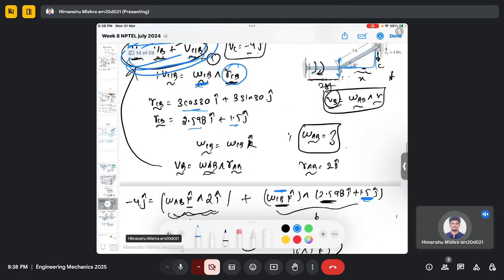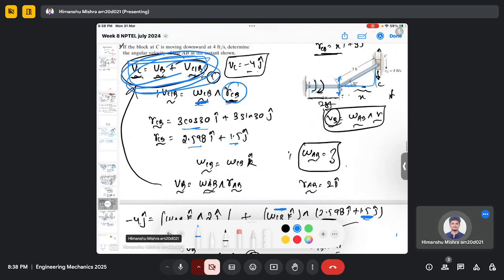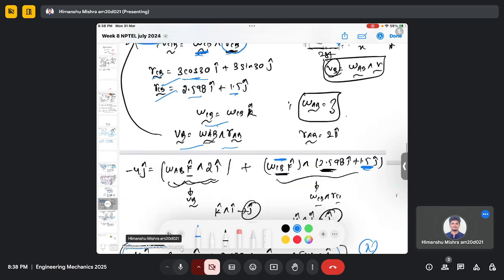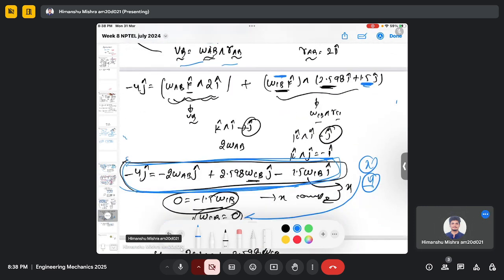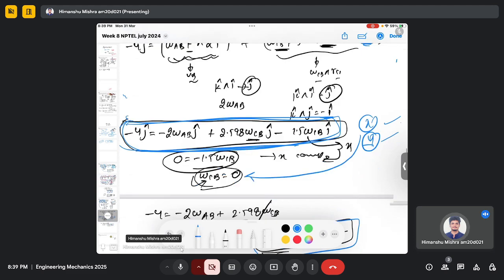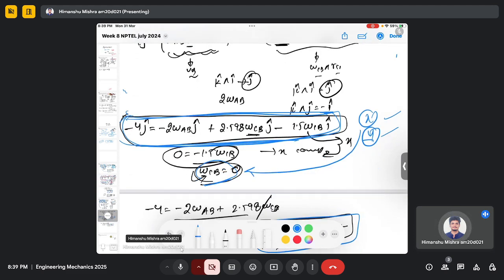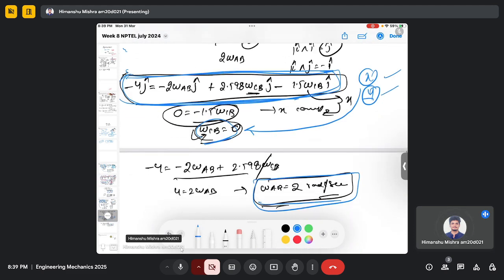Here also we did the same thing. We write down the same formula between B and C, identify all the vectors, position vector, velocity vector, angular velocity vector, and substitute into the equation. We got the full vector equation and pulled out the x component and y component. The x component gives us omega CB 0, and the y component gives that omega AB is 2, which is the answer.